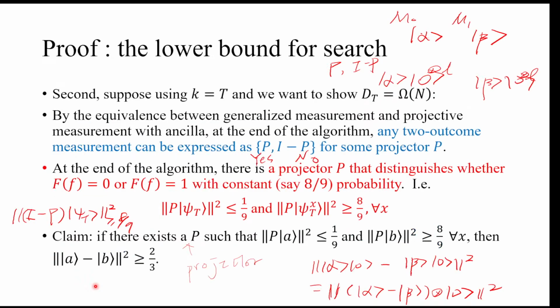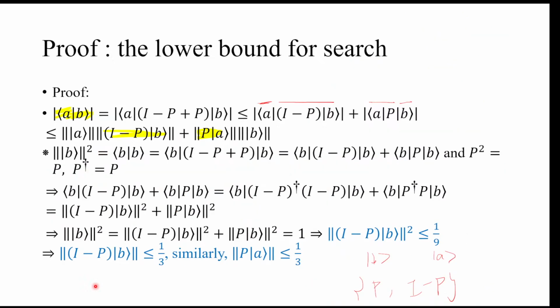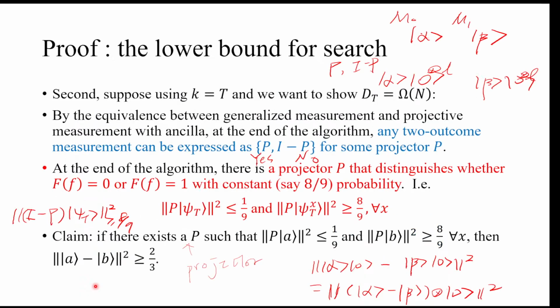What we want to do is go to the inner product between A and B, and show that the inner product of A and B is small. The intuition is that you want these two vectors to be pretty far away. A big distance also means the inner product is small because they are unit vectors, so you want this angle to be big.